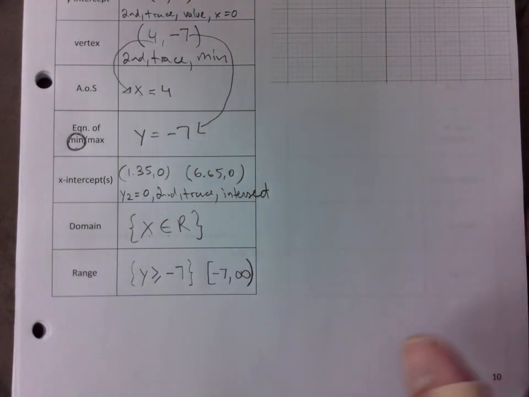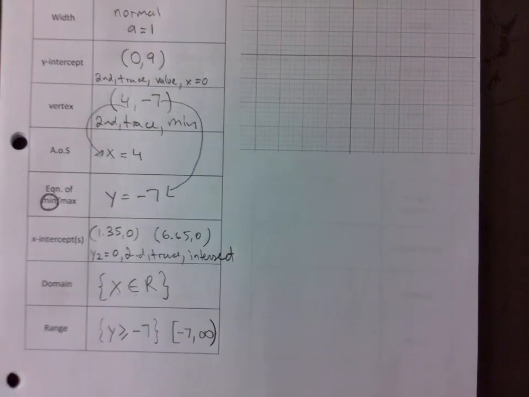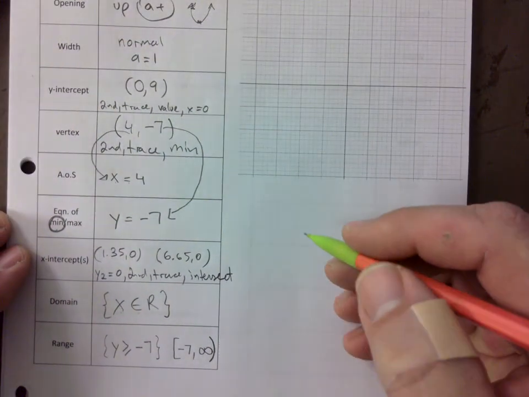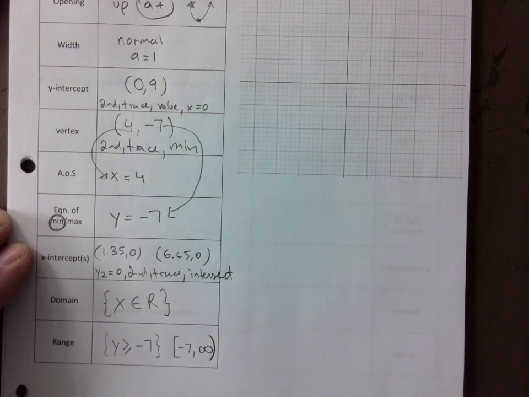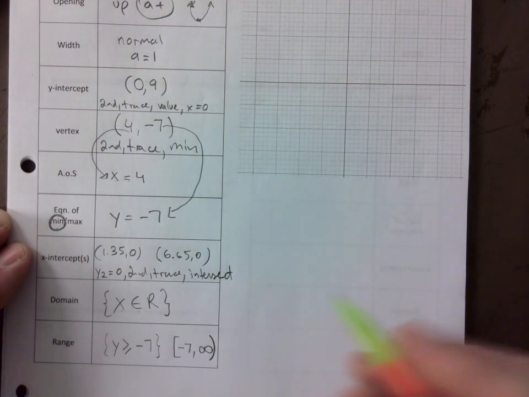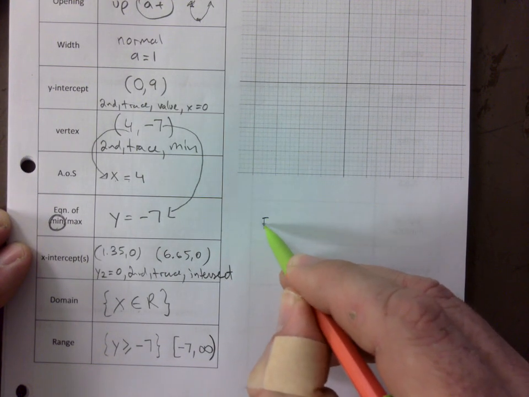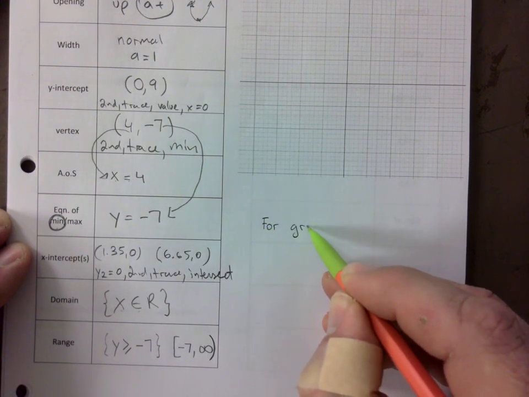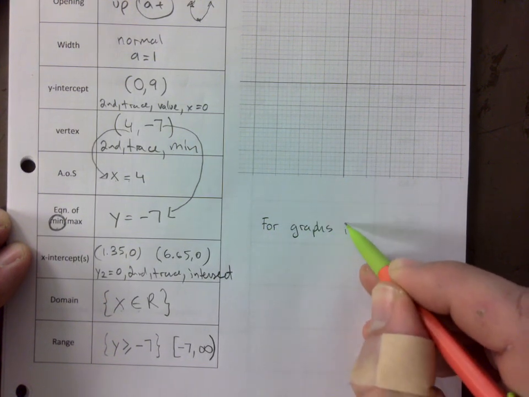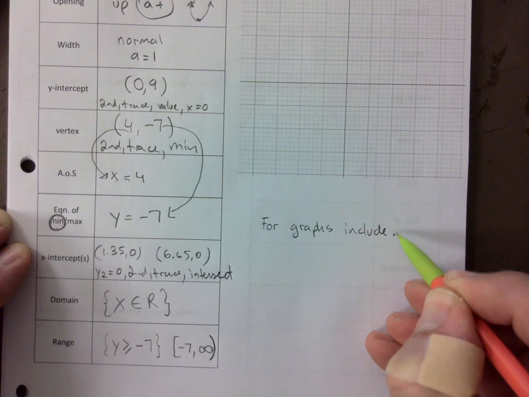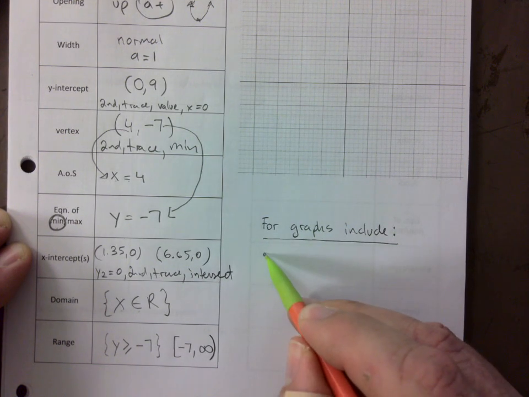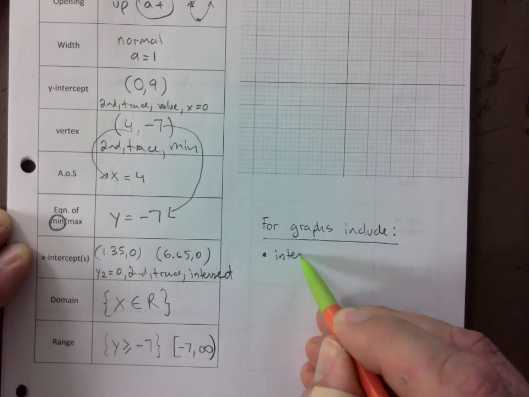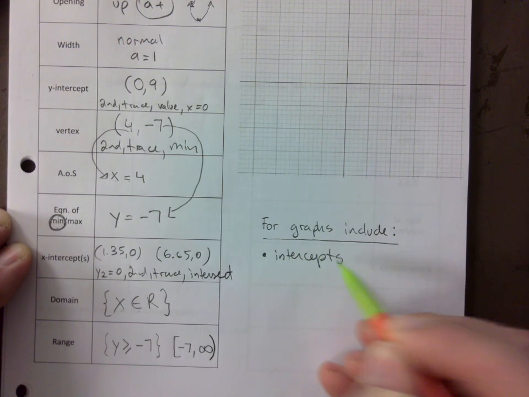Now let's sketch this. I want you to add this to your notes before we sketch, okay? A good graph has to have the following components. For graphs, include, and this goes for next year as well: all intercepts, if applicable.